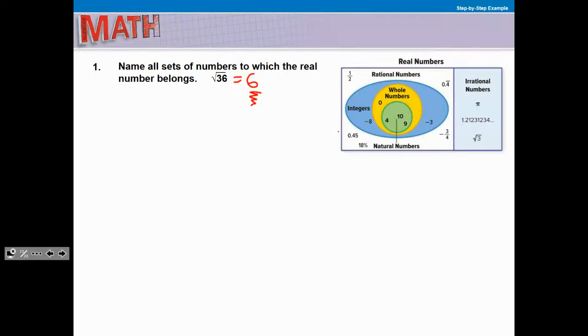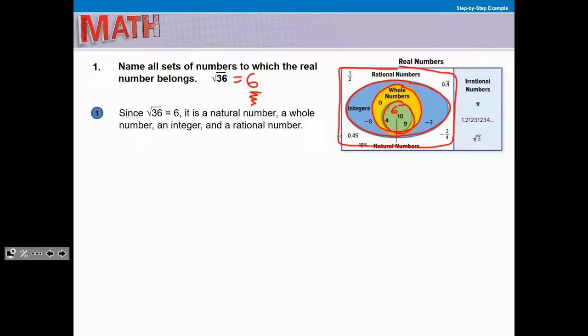Where would you shoot it in the goal? In that smallest goal, right? So it's a natural number, which is also in the whole number circle, also in the integer circle, also in the rational numbers box. Since it simplifies to 6, it's natural, whole, integer, rational. Boom.